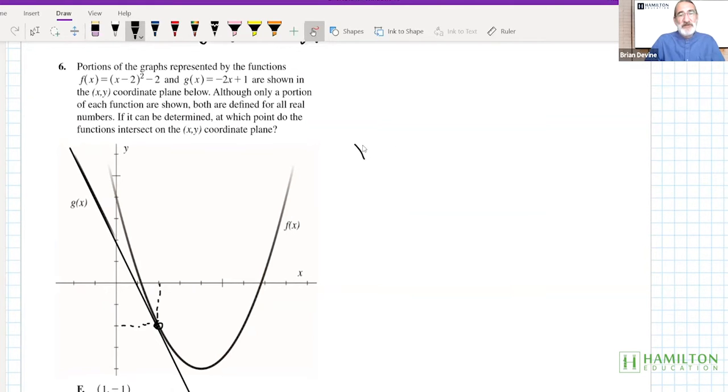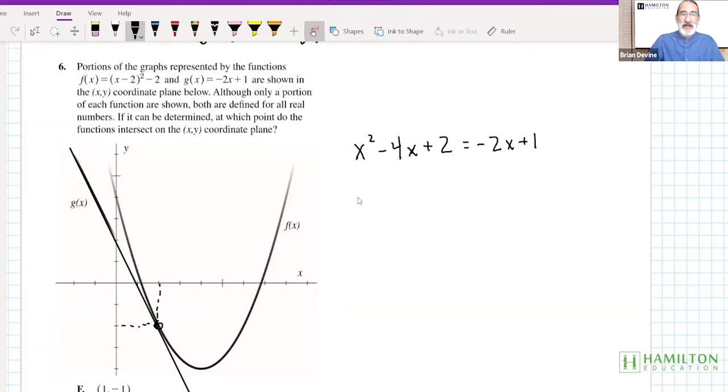So (x minus 2) squared would be x squared minus 4x plus 4, minus 2 would be plus 2. And that has to equal -2x plus 1.